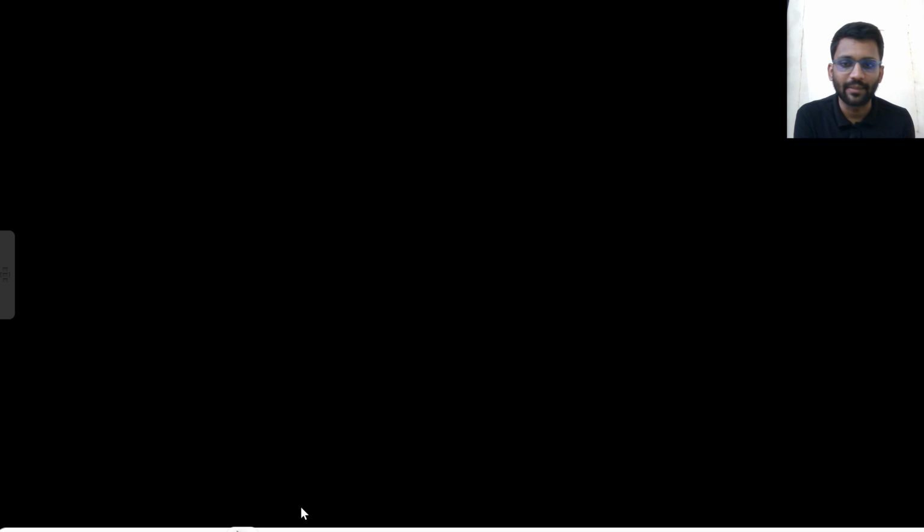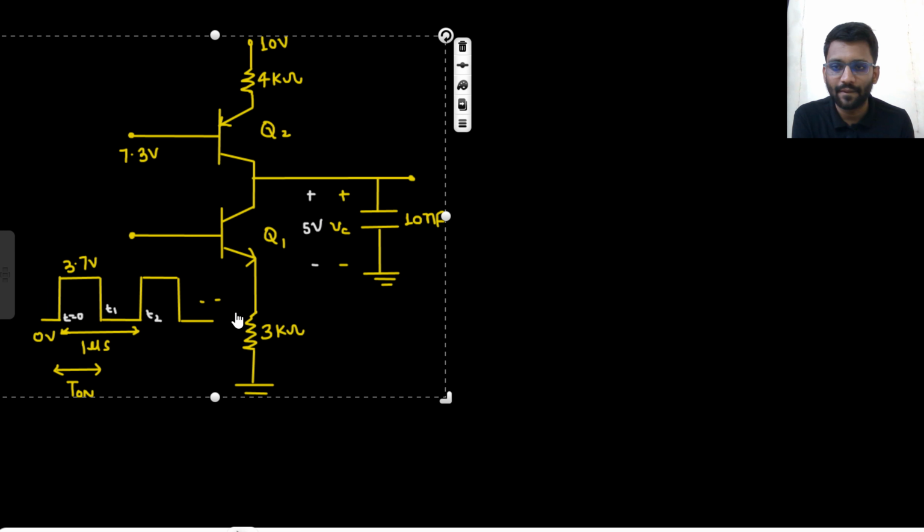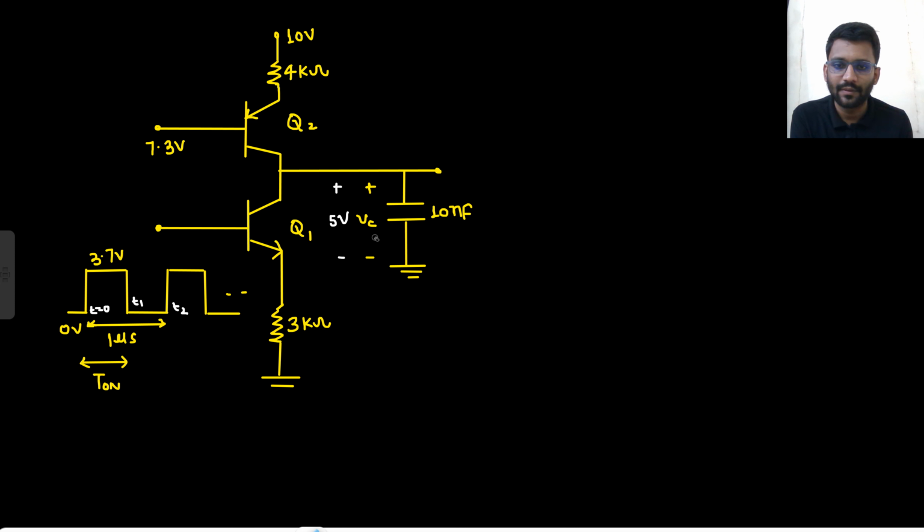So let's see what is happening at T equals to 0 plus. This node is VC and it has 5 volt at T equals to 0 plus. What is the input?